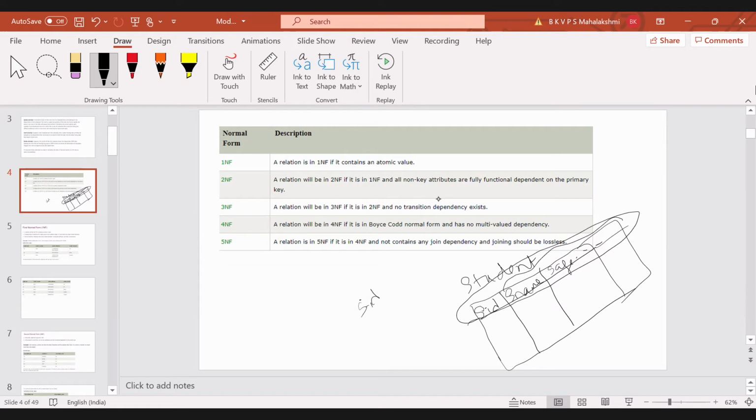So the meaning here is that all non-key attributes are fully functionally dependent. So what is functional dependency? We have to know functional dependency first. Which attribute is dependent on which attribute? If we know the SID, then we can get all these values.